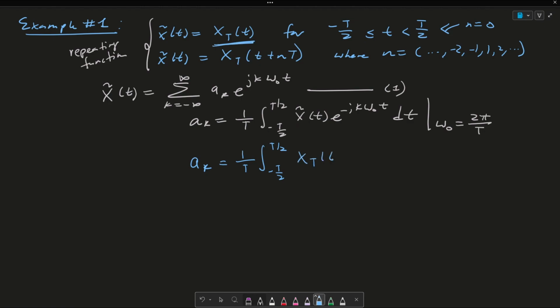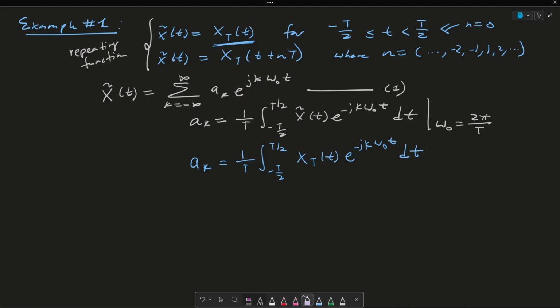So x capital T of t e to the minus j k omega naught t dt. I hope this switch makes sense. And again, it's because I'm taking the integral within this range here.